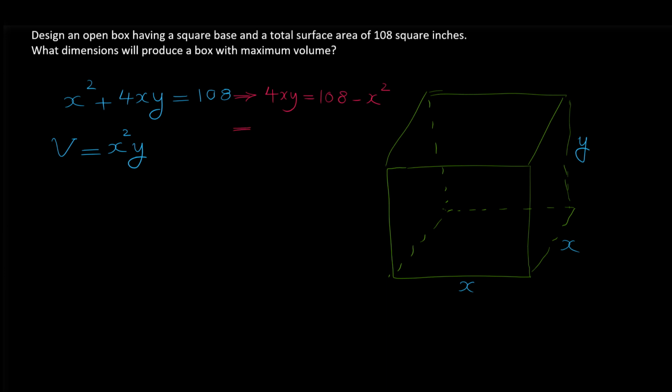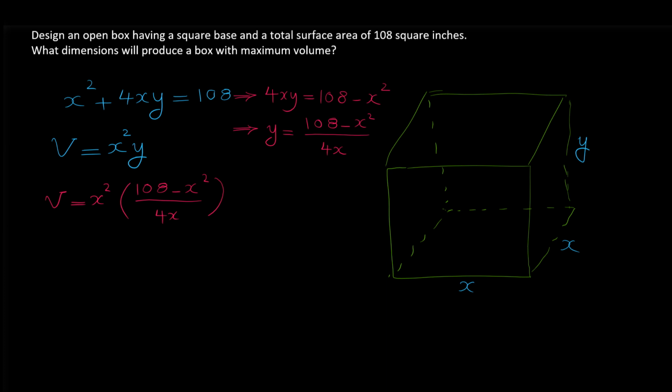And if we divide both sides by 4x, y would be (108 minus x squared) over 4x. Now if we use this relation, the volume would be x squared times (108 minus x squared) over 4x.